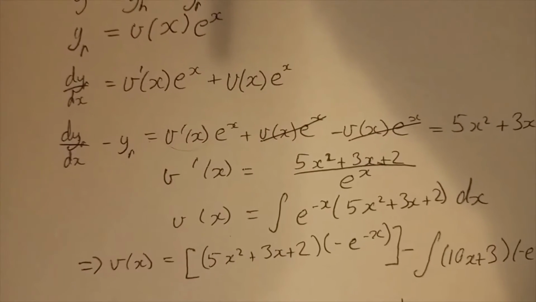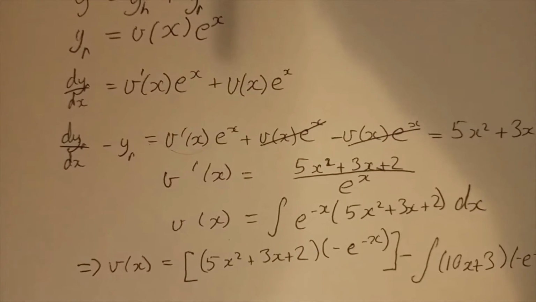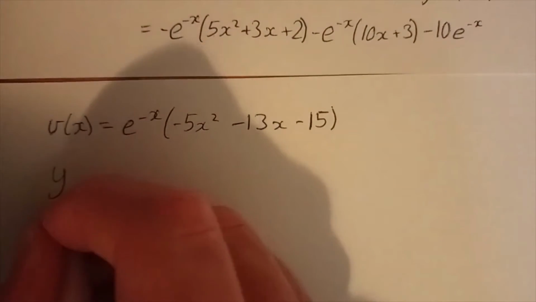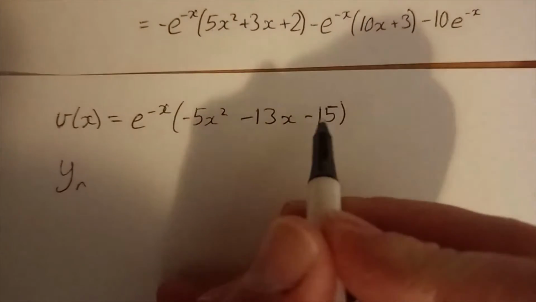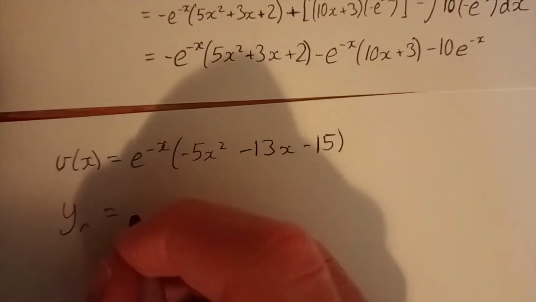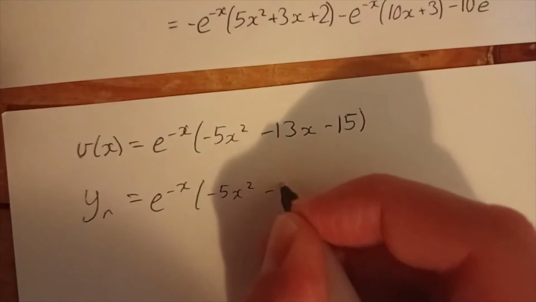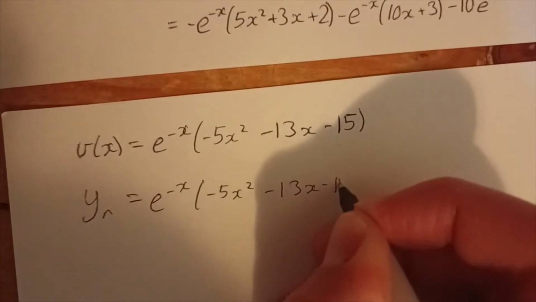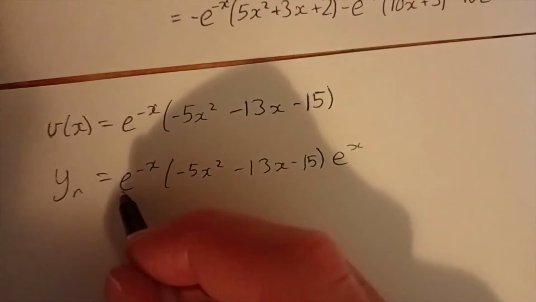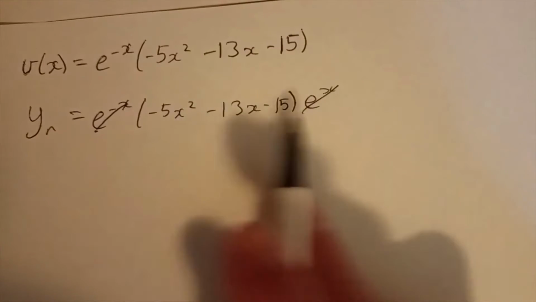So now that we've got the v of x, we know what yp is, because yp is just this expression here times e to the x. So it's e to the negative x times negative 5x squared minus 13x minus 15 times e to the x. And of course this and this cancel, leaving us with our particular solution, yp.